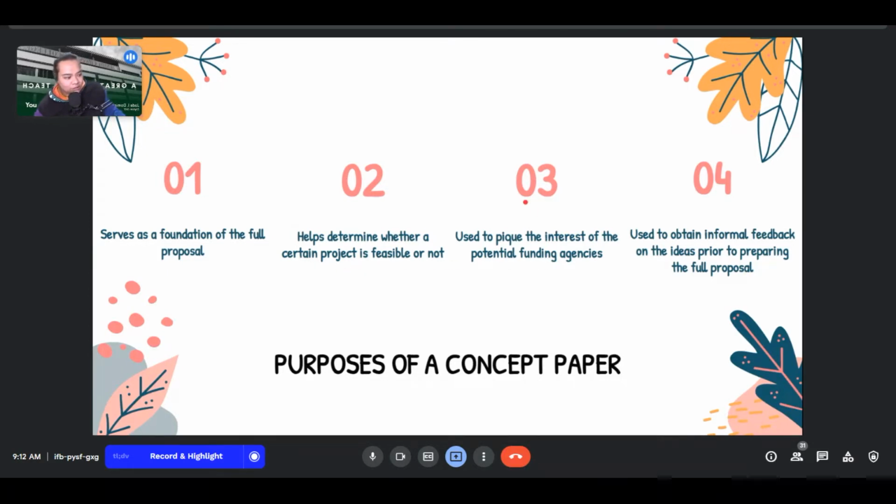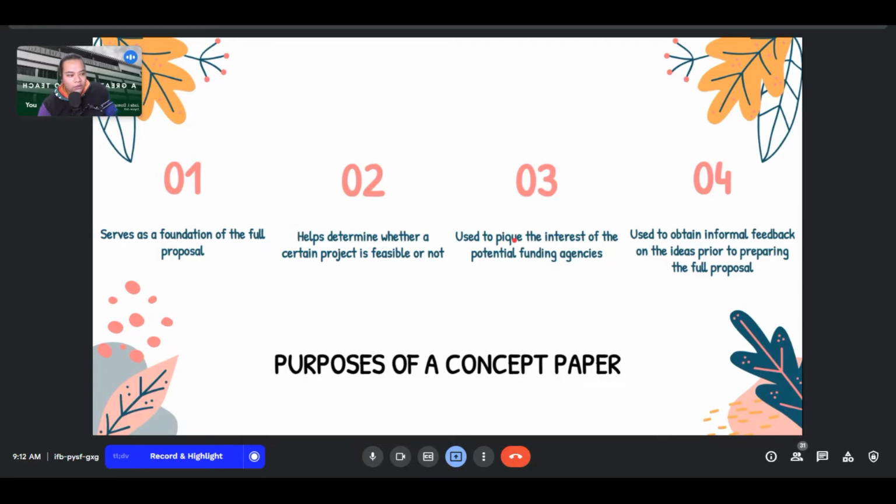Okay? So, next, it is used to pique the interest of the potential funding agencies. When we say piquing interest, this is when we try to convince, okay? We try to give them reason to fund our project. Because again, most proposals, most concept papers, they are used either to fund projects, programs, or researches themselves.